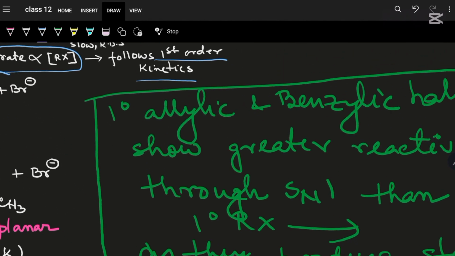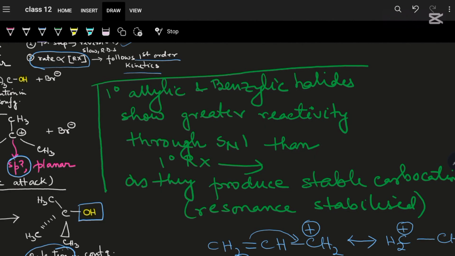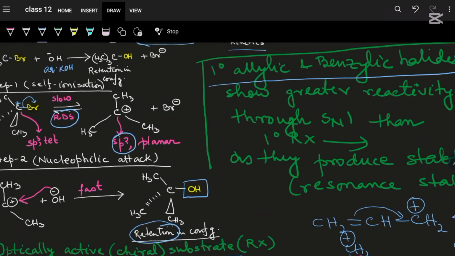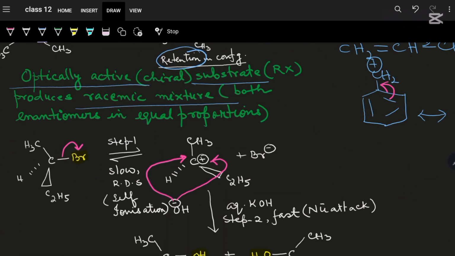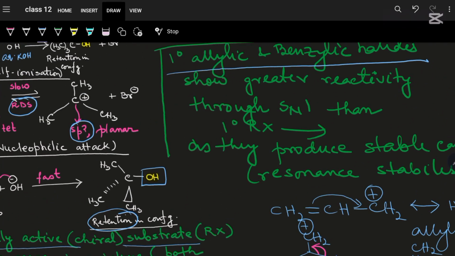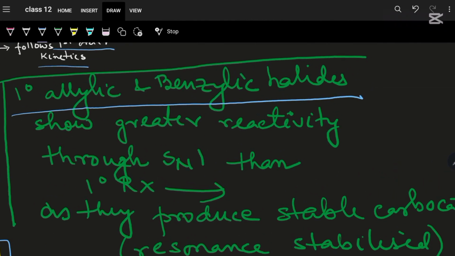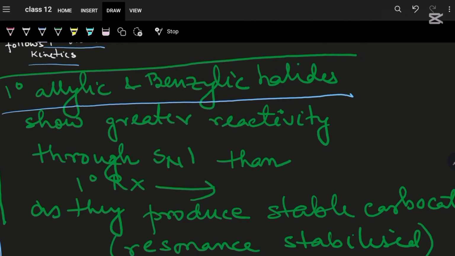So now here we can see 1 degree allylic or benzylic halides. Why I have given this separately is that the rate of the reaction depends on some factors, like the stability of the carbocation being the most prominent factor, because in the slow RDS the carbocation is getting formed, so the carbocation should be stable.